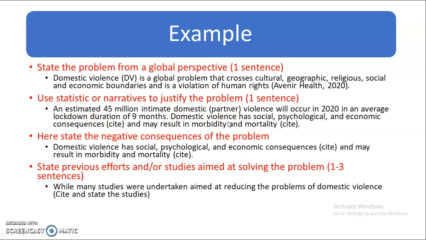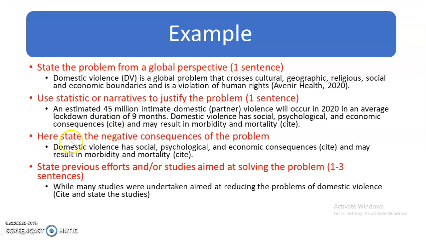So you have to show narratives from scholarly literature and also statistics from reports that are documented about that particular problem. But you have to be clear on your sources and you cite them.